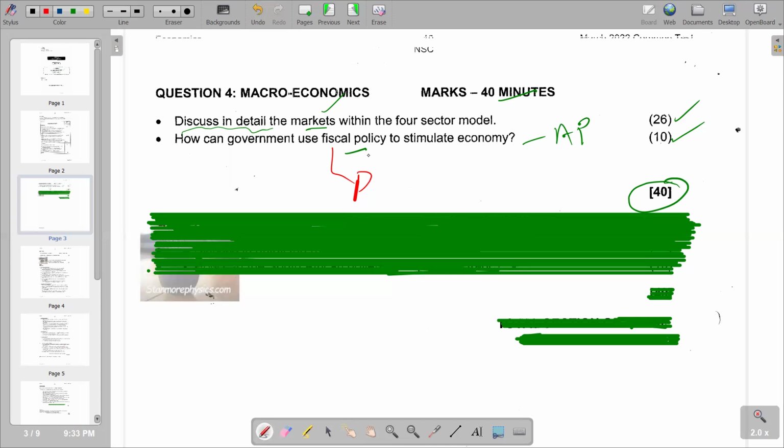So according to the law of demand, businesses will now earn more revenue, thereby their profit margins are also going to be widened. They earn more profits, and then obviously they retain those profits and increase their production capacities. So thereby there's a stimulation of economic activity. We are going to notice an increase in the production of goods and services.